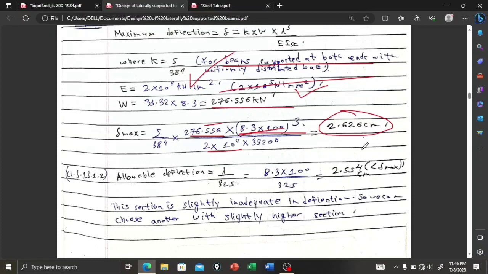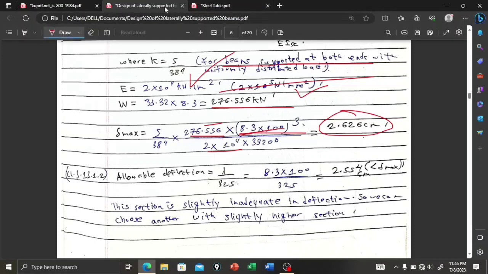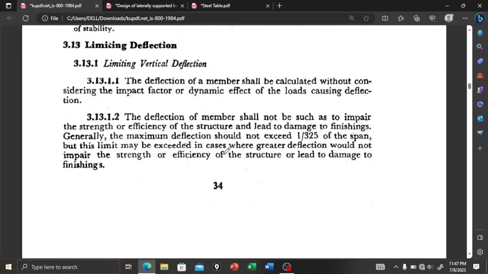Allowable deflection is given in clause 3.13.1.2, limiting vertical deflection. The deflection of a member shall not be such as to impair the strength or efficiency of the structure or lead to damage to finishing.